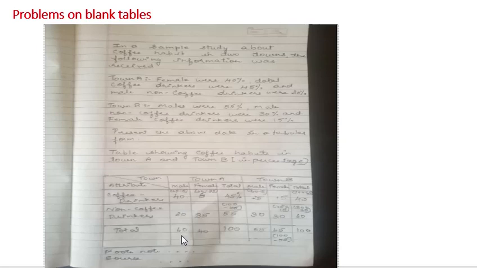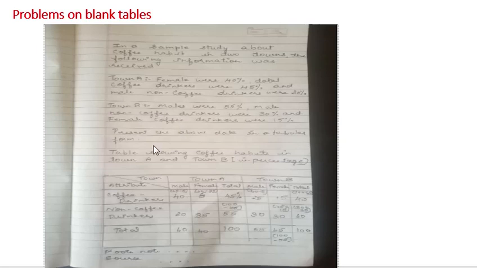Out of the male 60, 20 is non-coffee, so the remaining 40 is male coffee drinkers. Now you know the total non-coffee is 55, out of which 20 is male. So 35 is 55 minus 20. Now 35 is female non-coffee, so the remaining 5 is female coffee drinkers. So this is how you have to fill the information.